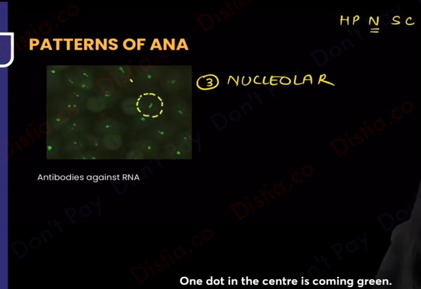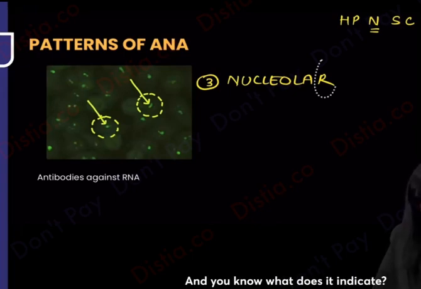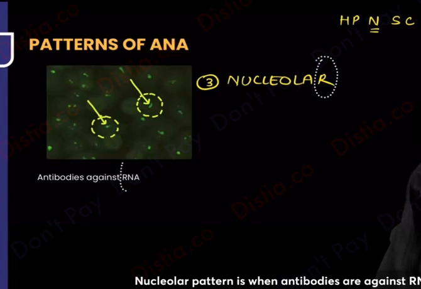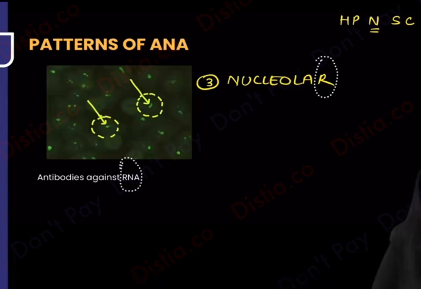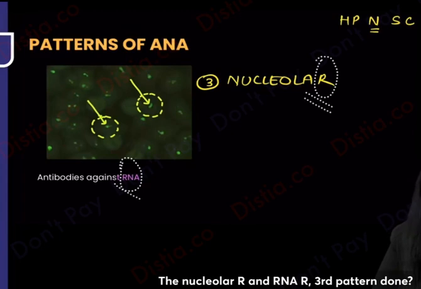No. One dot in the center is coming green. So again, over here, the entire nucleus is not coming green. One dot in the center is coming green. That is a nucleolus. And what does it indicate? Nucleolar pattern is when antibodies are against RNA. Again, repeating, nucleolar pattern is when antibodies are against RNA. So nucleolar R and RNA R.